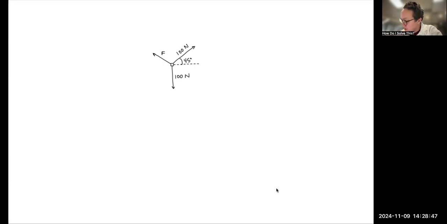You may remember our first step is to break up any unknowns, any diagonals into x's and y's. And in this case, it's a little interesting because we don't just have our fx and fy, we also have what I'm going to call for the time being x and y, the two legs of this known force that's at an angle.